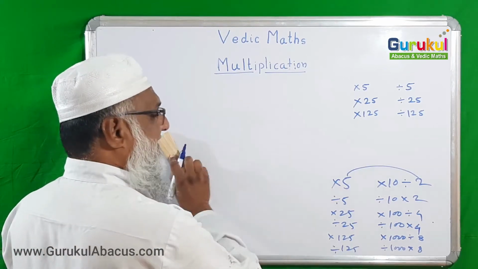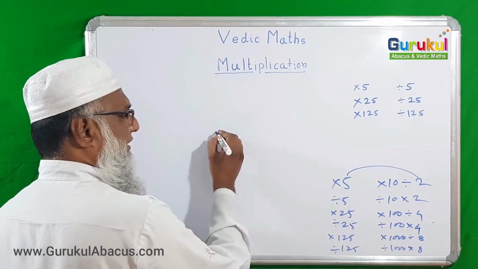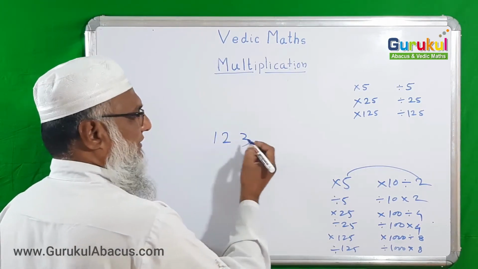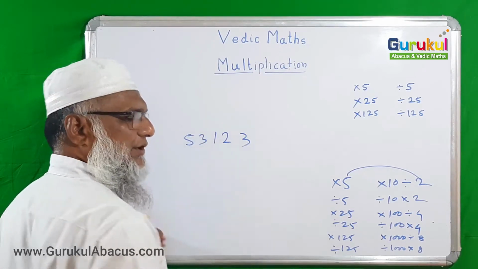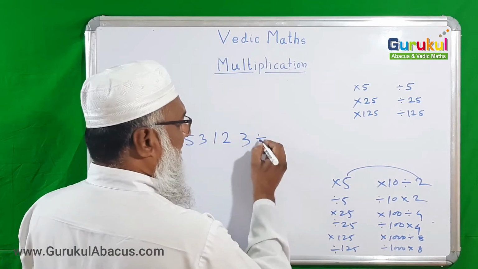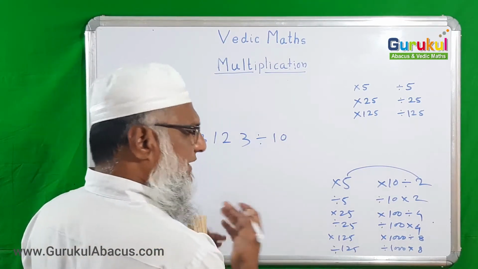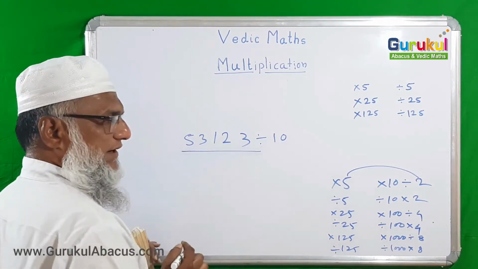In the same way, suppose you have the number 53,123 and you are dividing it by 10. What is the dividing rule? Very simple. In the given number, you are not seeing any decimal point.